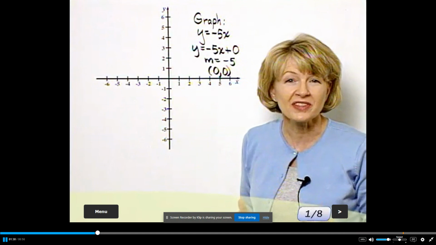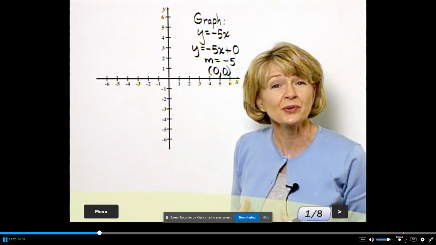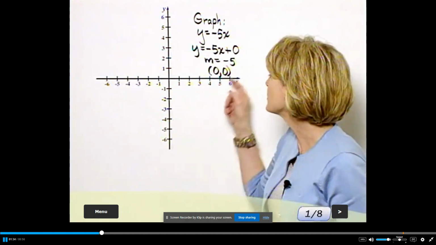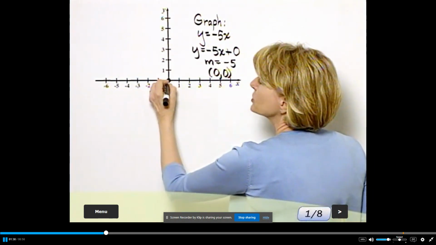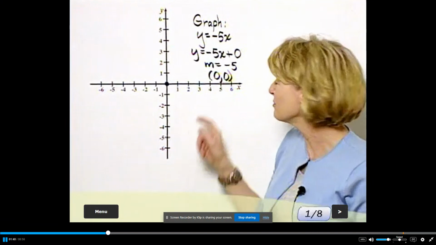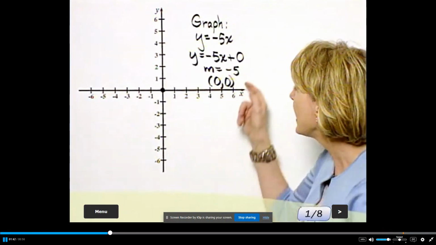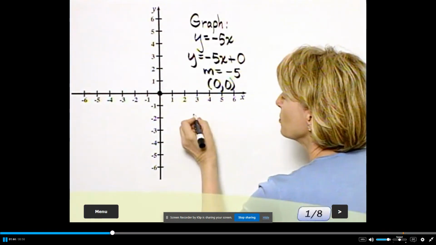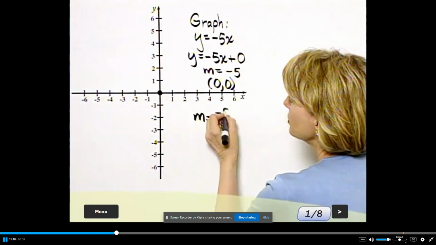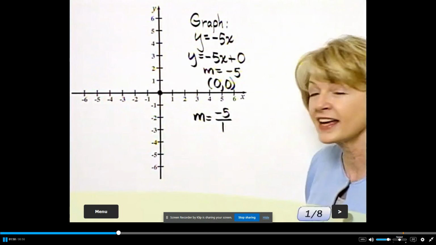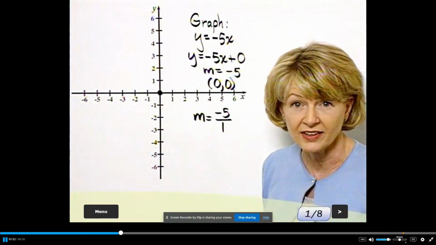Can we then use that to graph the line? The answer is yes. We can start with the y-intercept, which also just happens to be the x-intercept, so we can start with this point. And now let's look for a moment at this slope of negative 5. Do you agree I can write that as negative 5 over 1?